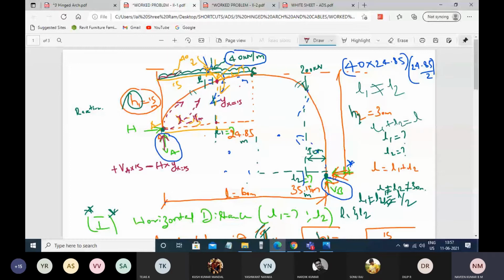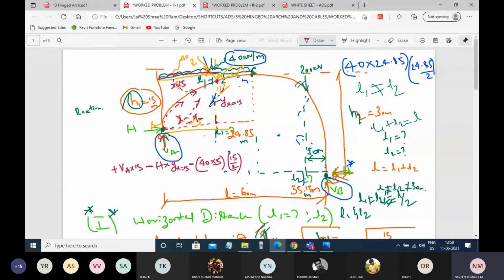Similarly, the UDL is acting, and you need to consider it up to 15 meter. What is the intensity of the UDL? 40 times 15, and the perpendicular distance will be half of the length of the UDL. Again you see the rotation of the UDL about this point is anti-clockwise, so minus.